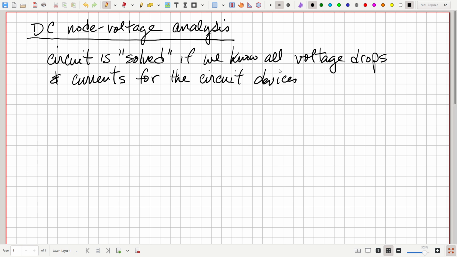So all voltage and current sources and resistors for our purposes. If we know the voltage drops and the currents, then we say that the circuit is solved. Knowing those voltages and currents, we can also get powers and any other electrical quantities of interest.